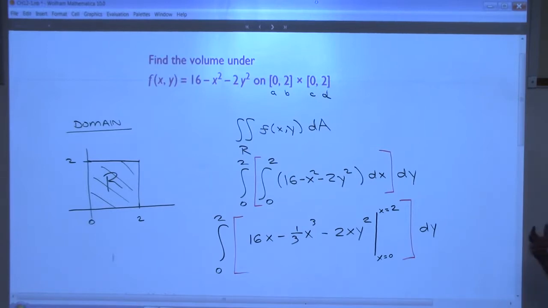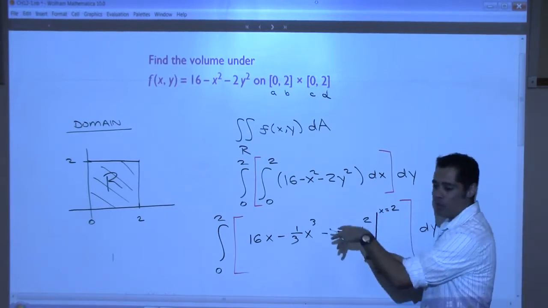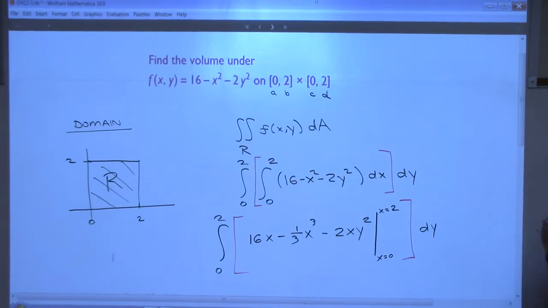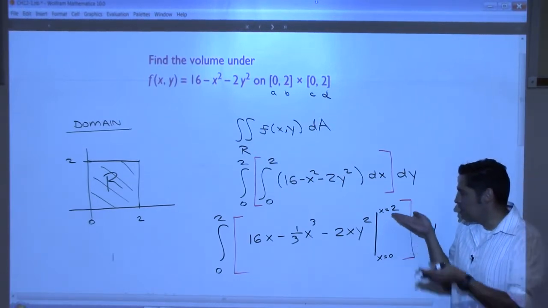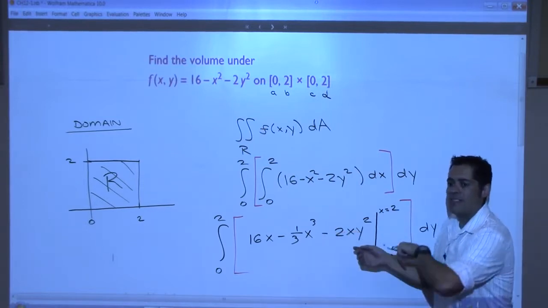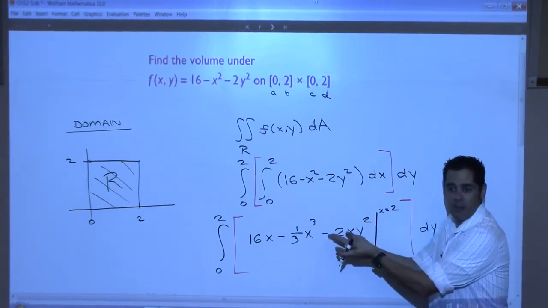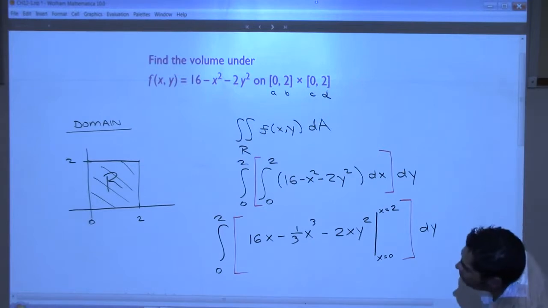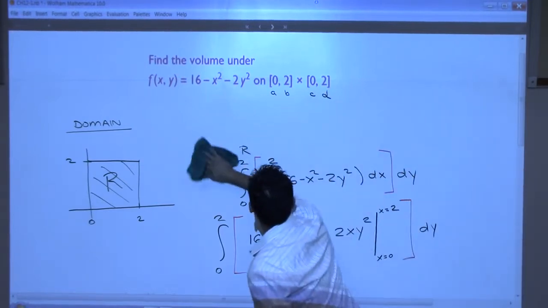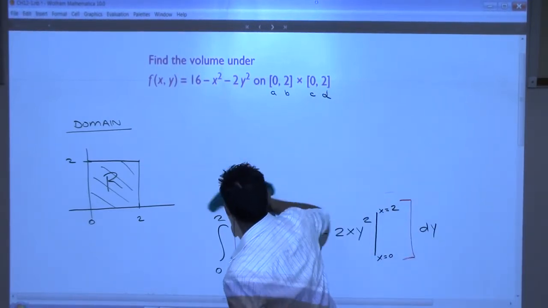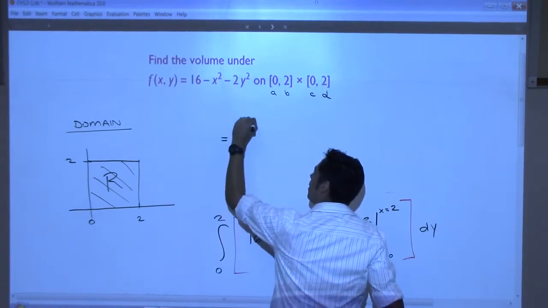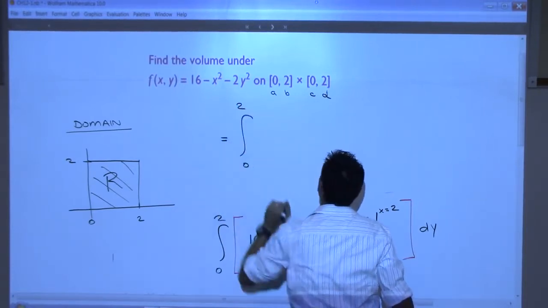We're going to have x, y, and z, and you got to keep track of which one you're plugging back in for. So the way I did it in Cal 2 is I took this number, I plugged it in. I subtract from that what I get when I plug in this number, right? So let's go ahead and do that. So this should be equal to, I still have an outer integral I have not touched.